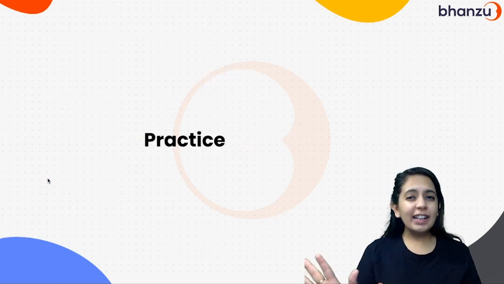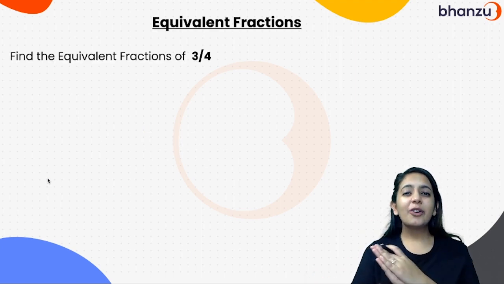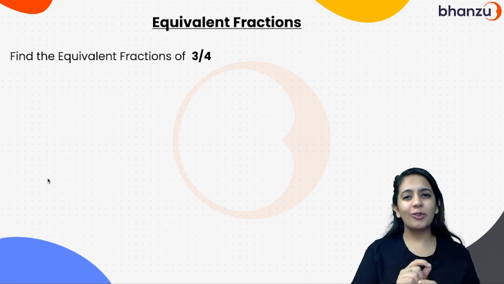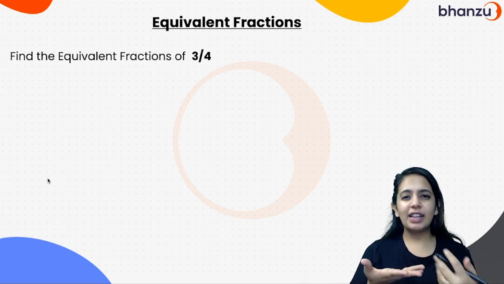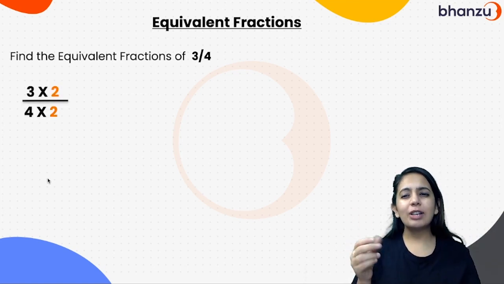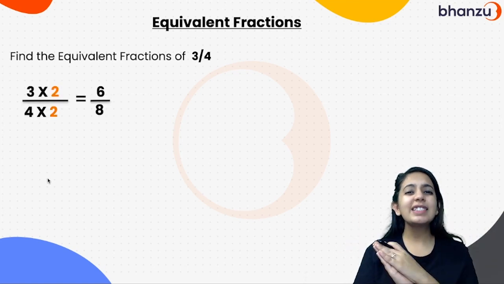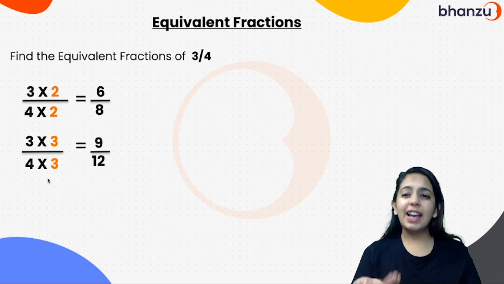Now, let's practice a few more questions to master this concept. The question over here is, find the equivalent fractions of 3/4. So the fraction over here is 3/4, right? You can multiply it by any number in the numerator and denominator and can find so many equivalent fractions. You can multiply it by 2 by 2. You will get 6/8. You can multiply it by 3 by 3. You will get 9 by 12.